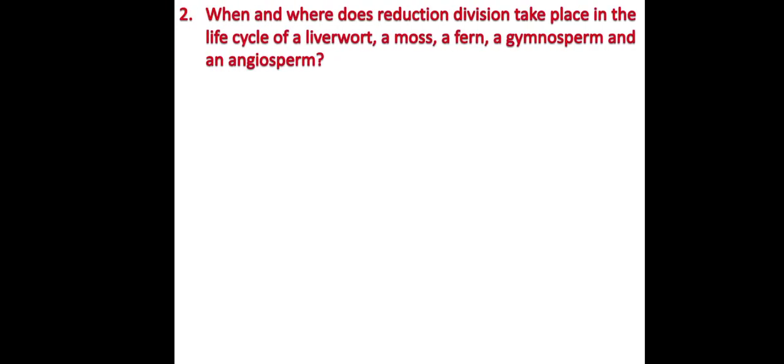The next question: when and where does reduction division take place in the life cycle of a liverwort, a moss, a fern, a gymnosperm, and an angiosperm? So let's see.